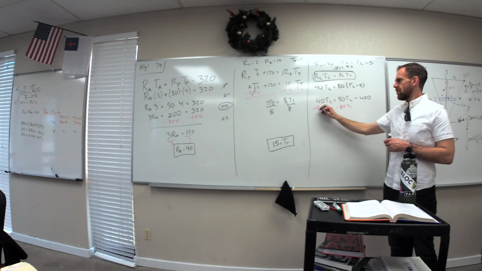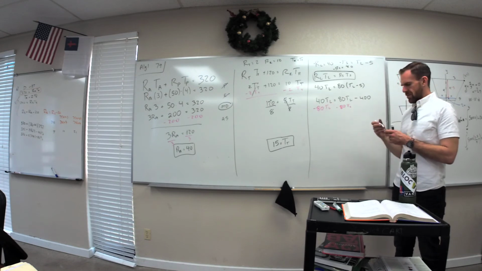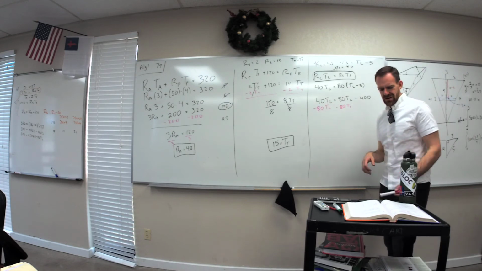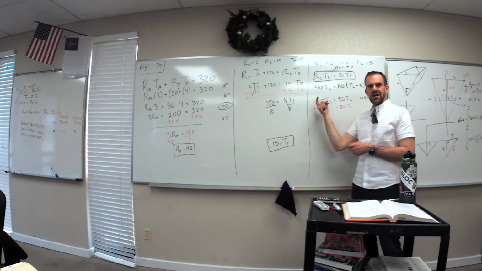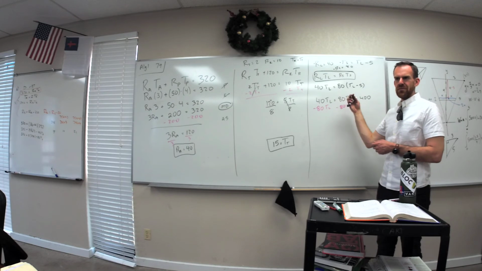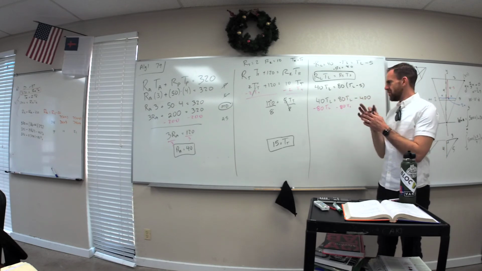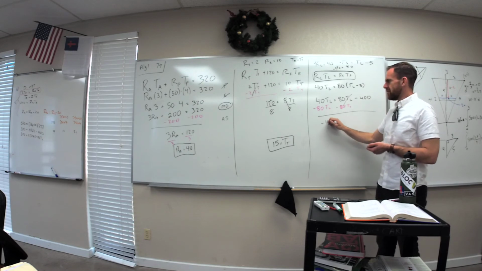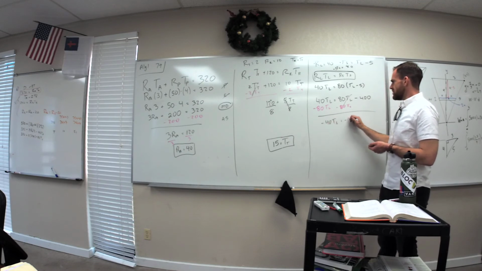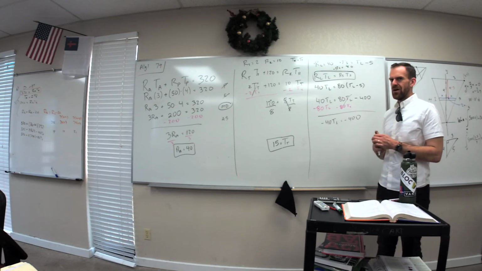I would be very confused. No, he's saying the correct step. If you moved the 40, you would be making more work for yourself because then you have to move the number away too. So with this, the 80 TL cancel, and we're left with negative 40 TL equals negative 400, and divided by what, everybody?